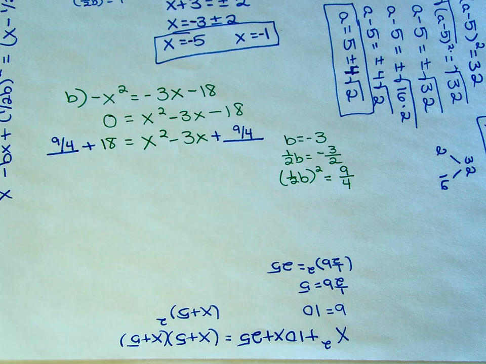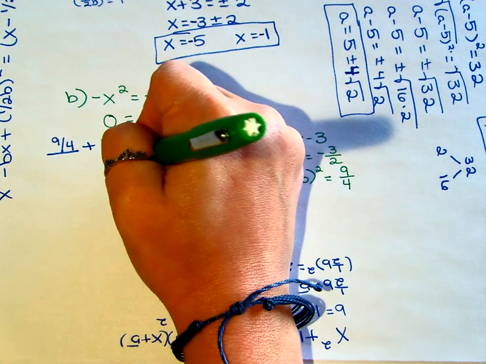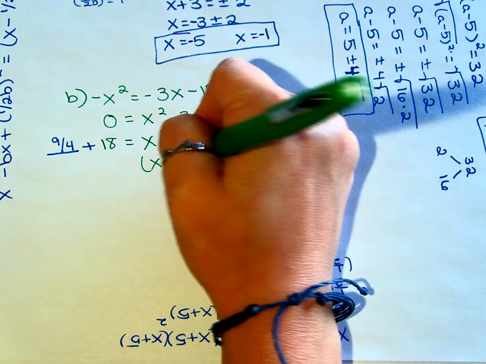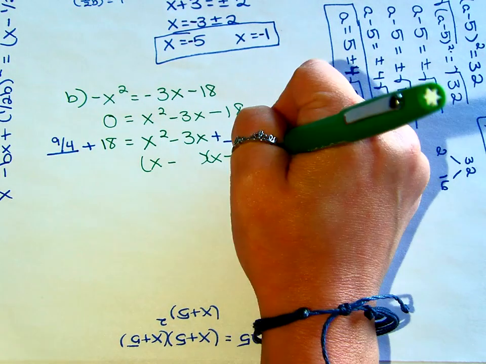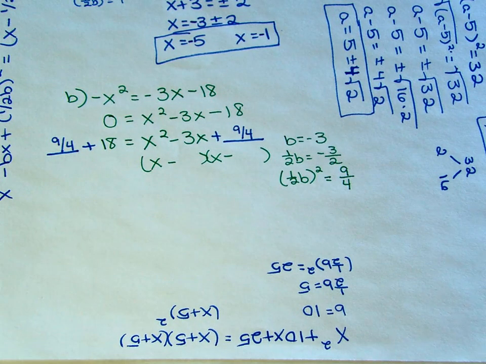Now, this is definitely a good example as to why I like having this list over here. Because now when I go to factor this right-hand side into x minus and x minus, I do not want to have to come up with factors of 9/4 that are going to subtract together or add together to give me -3. That's gross.